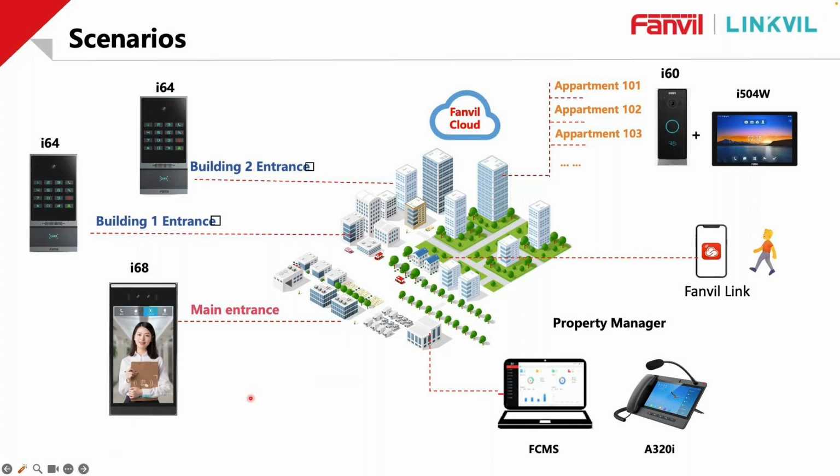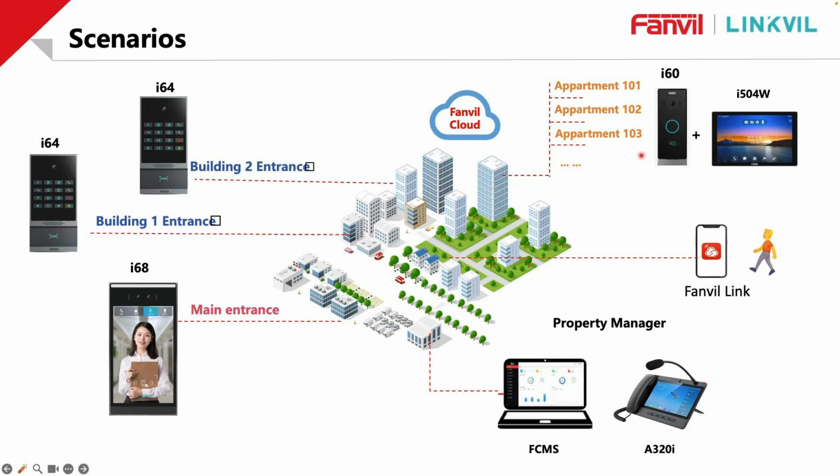We deploy the I-series, the indoor units, and the door station at the main entrance. As shown on the screen, you can see the door phone in each building entrance. You can put one door phone, and in each apartment you can use the indoor units, or the basic door phone shown on the screen, the I-60.